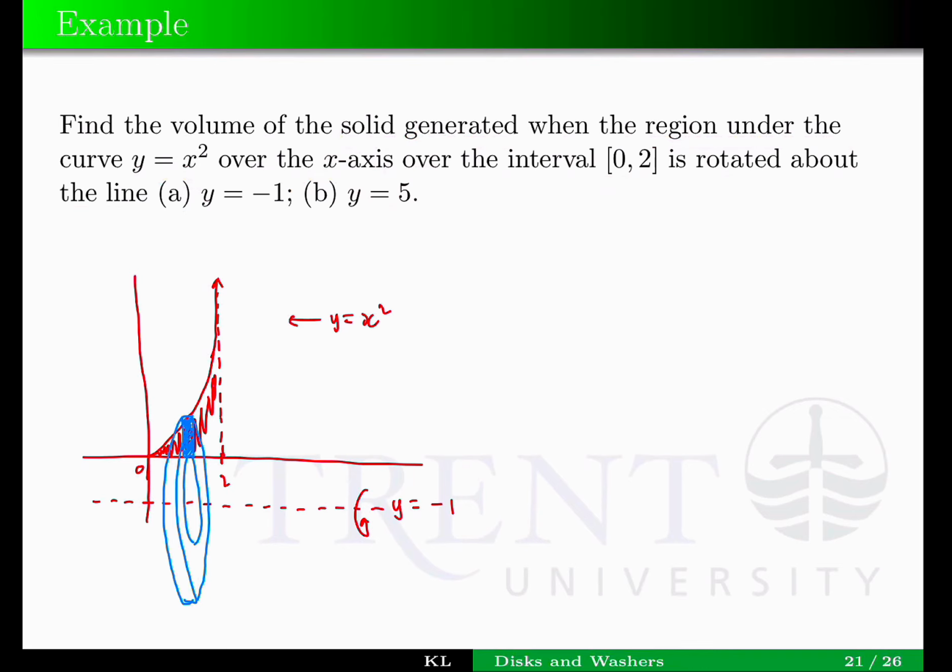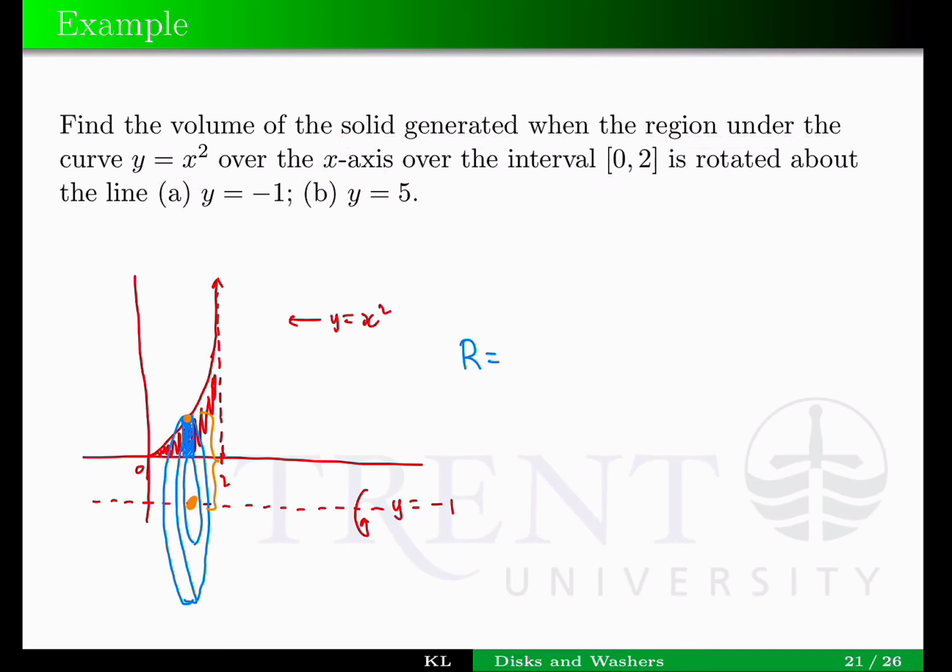So now, from here, you have to identify correctly what the bigger radius is and what the smaller radius is. The bigger radius is from the center going to the farther function. So what is that bigger radius?